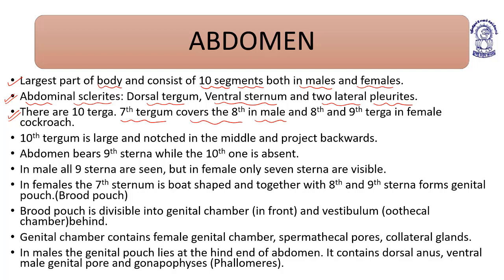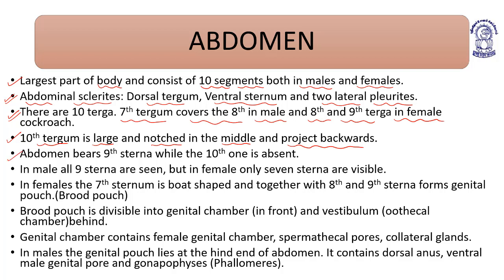So ninth and tenth are visible in males. In females, the seventh tergum covers the eighth and ninth terga. The tenth tergum is large, notched in the middle, and projects backwards.